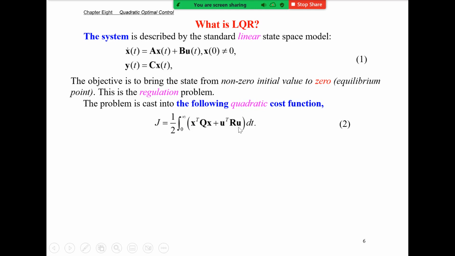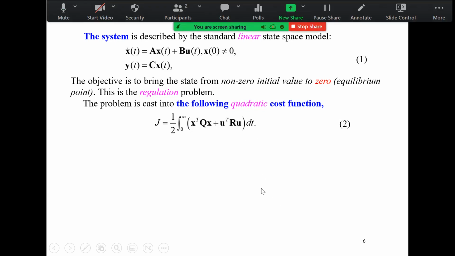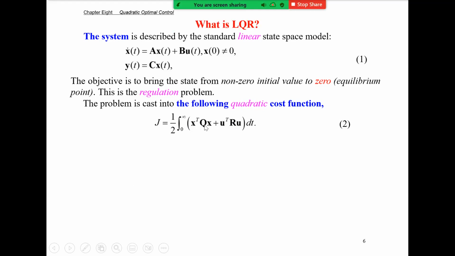In this way, we specify the cost function. We sum them up, since integrating means summation. If we want to minimize this, eventually x has to go to 0. If x goes to some non-zero value, when you integrate and sum them up, it will blow up and go to infinity.